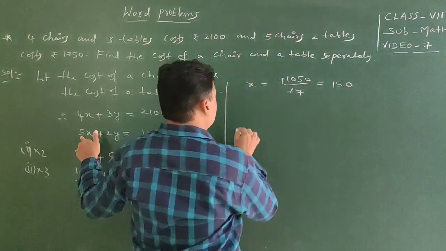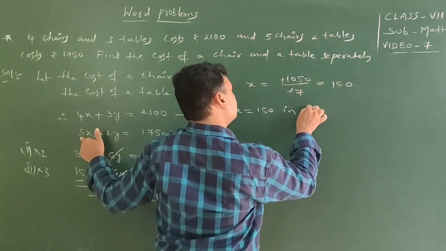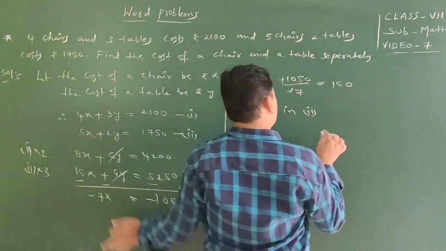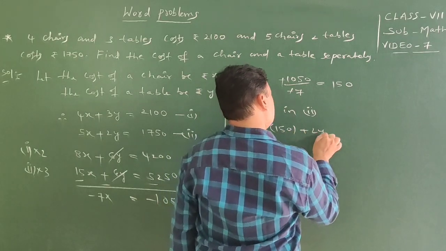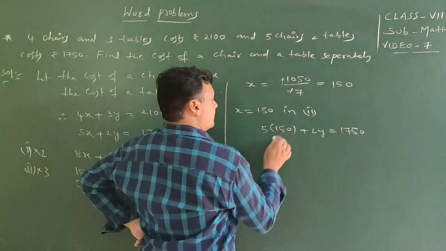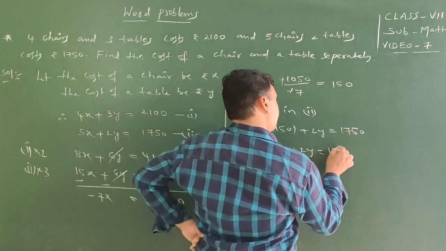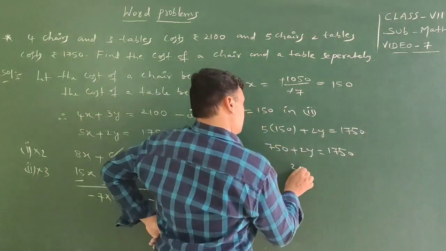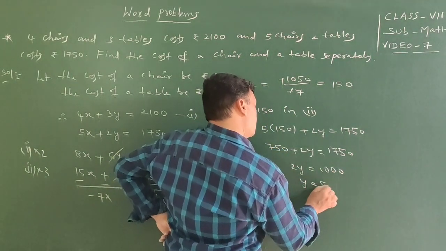Here if you substitute x equal to 150 in second equation, here 5 into 150 plus 2y equal to 1750. Here 5 into 150 is 750, plus 2y equal to 1750. So 2y equal to 1000, y equal to 500.